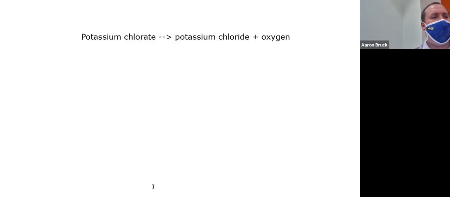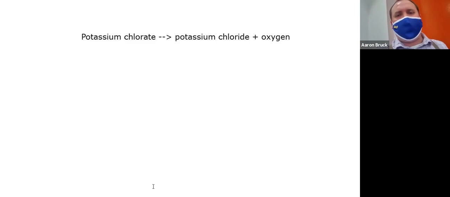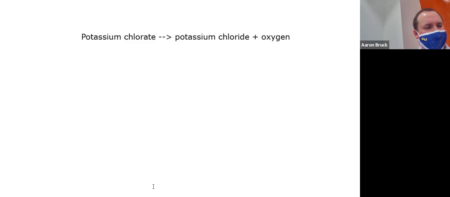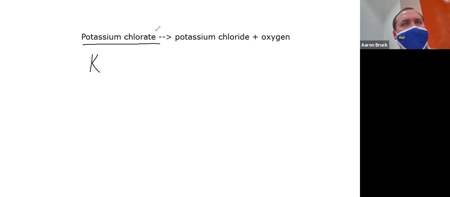Okay, so we've got to go through the first part of this. And once we've established the nomenclature and gotten the correct formulas here, then we can go about balancing it. So potassium chlorate, potassium, element K, chlorate, I'm dealing with an ionic compound here, so I need to know charges. Potassium is in the alkali metals. It is a +1 charge.